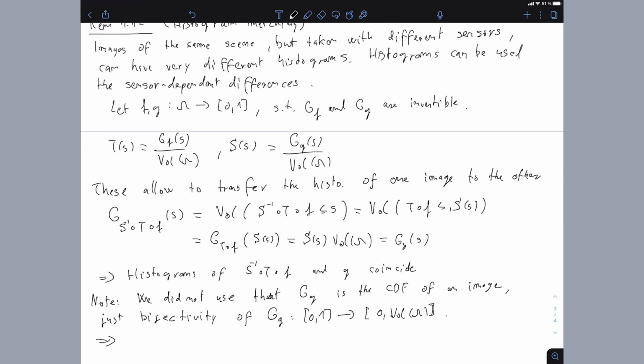So that means we can transfer any arbitrary increasing distribution.